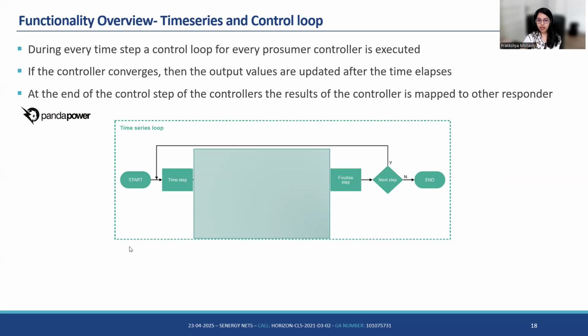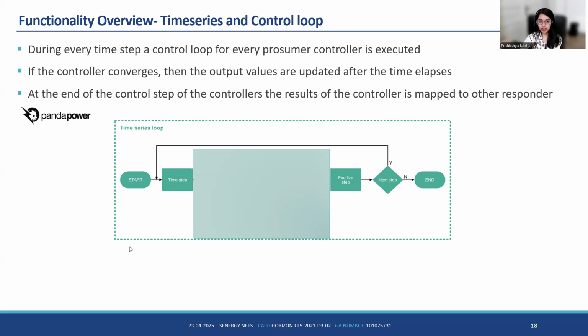And what it does is the power flow runs, and if it converges, it finalizes itself and checks if there are any further time steps left. If yes, then it goes to the next time step, and if not, it ends here.